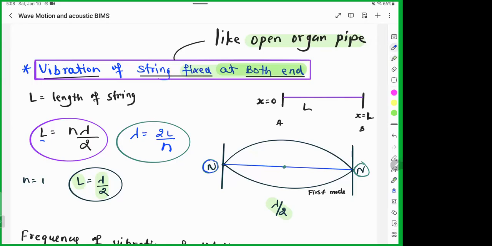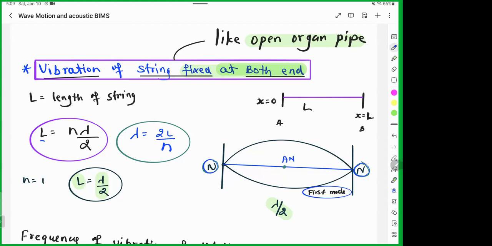You have node on both sides. In between you will have antinode. So two nodes and one antinode in this. This is the first mode, the basic version. You can't have less than that.